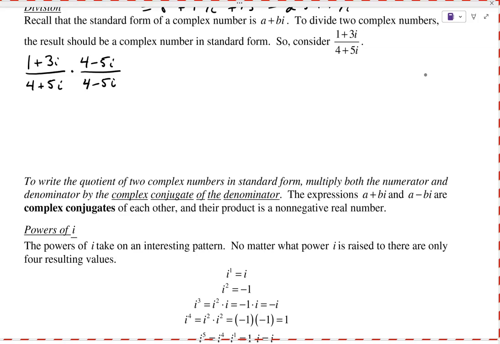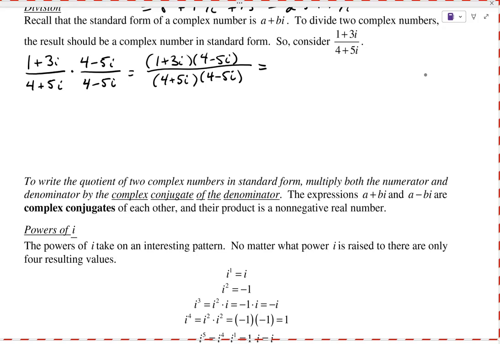Now in these problems, we want to multiply out both the top and the bottom. Remember in those rationalizing ones, we didn't typically multiply out the top? We're actually going to multiply everything in this case. The reason is that at the end, we want to write this in standard form.